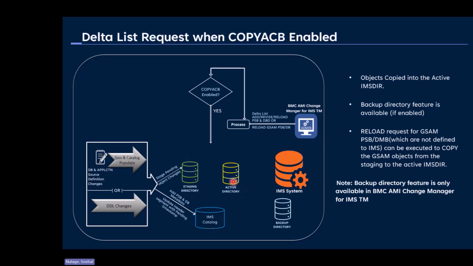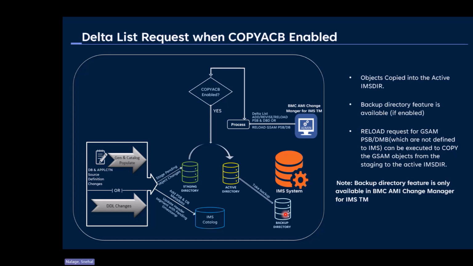However, before that, for Change Manager for IMS-TM, we know that we have the additional feature called the backup directory. So what Change Manager for IMS-TM does is, if it finds objects that need to be copied from the staging to active directory, and if the objects for that member are already present in the active directory, then that will be backed up into the backup directory.